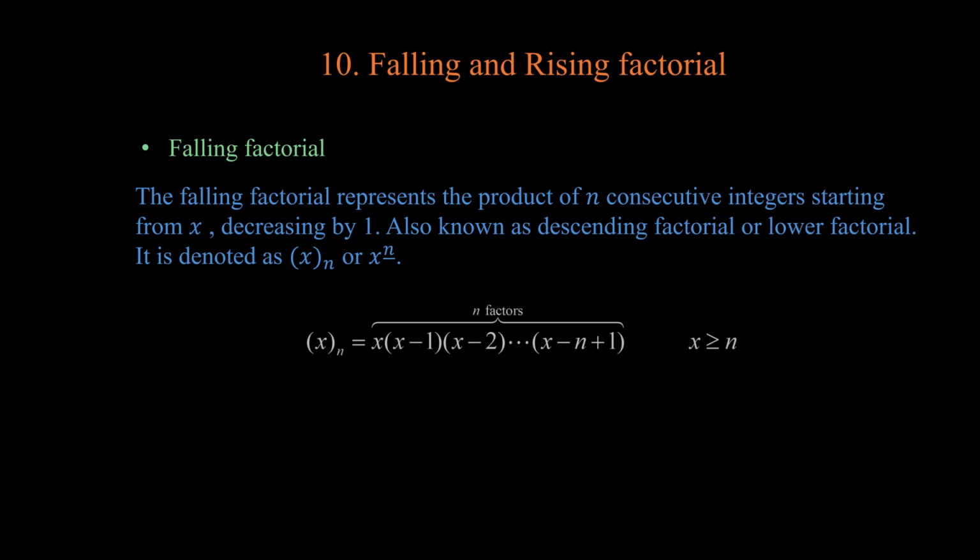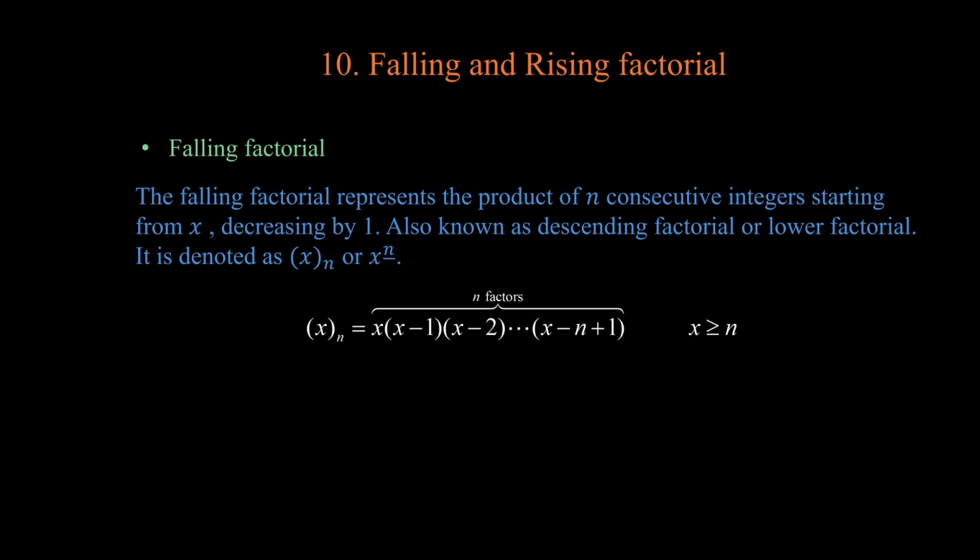X falling n is equal to x multiplied by x minus 1, multiplied by x minus 2, and so on, up to x minus n plus 1. Here x should be greater than or equal to n. This can also be written as x factorial over x minus n factorial.